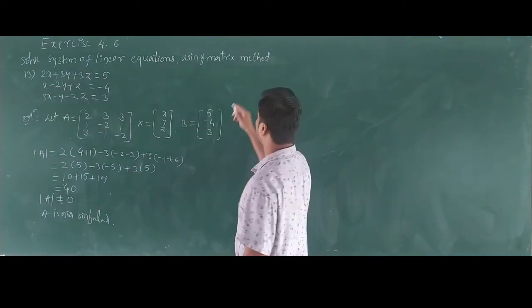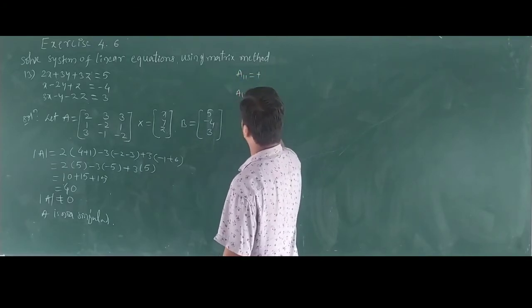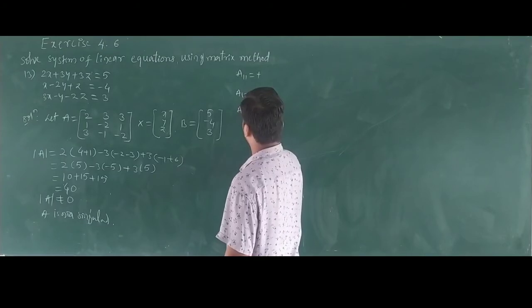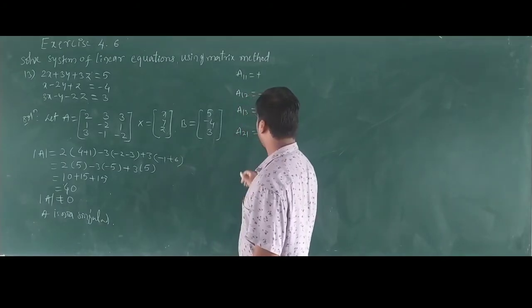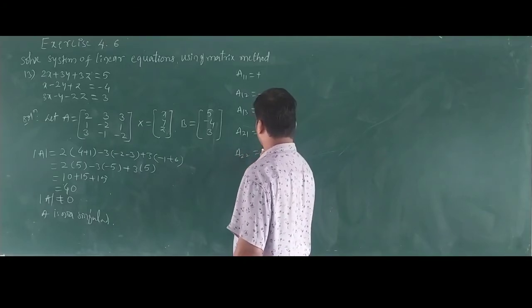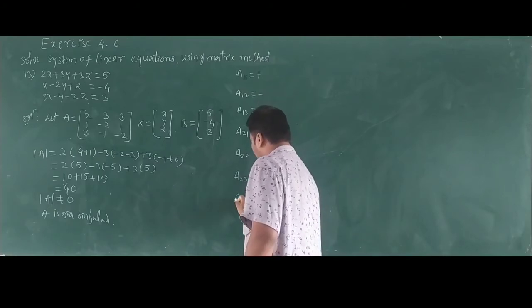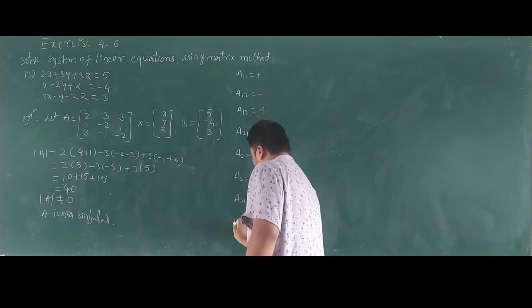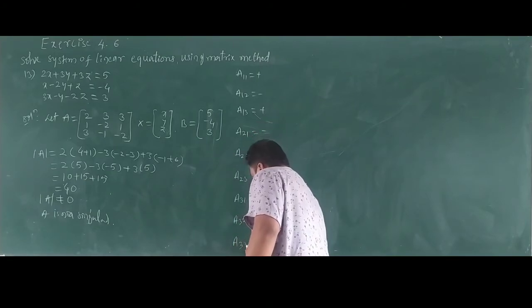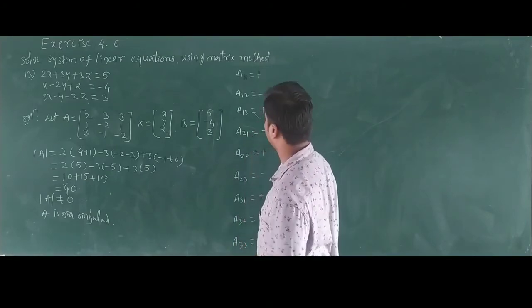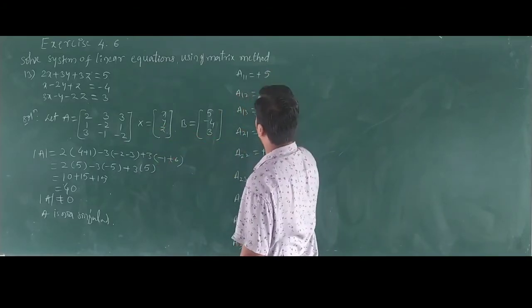Adjoint of A, we form the cofactors again. A11 is plus 4 plus 1, 5.